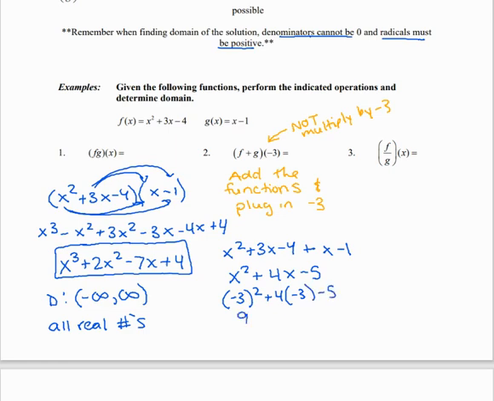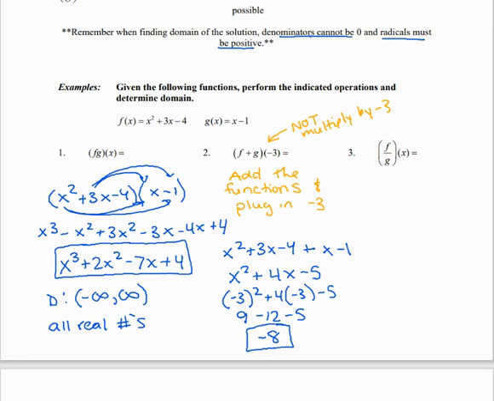This will give me 9 minus 12 minus 5. Make sure to go in order. So 9 minus 12 is negative 3. Negative 3 minus 5 is negative 8. This time around, you do not need to find the domain because we're not left in terms of x, right? We're actually evaluating, so no domain needed.